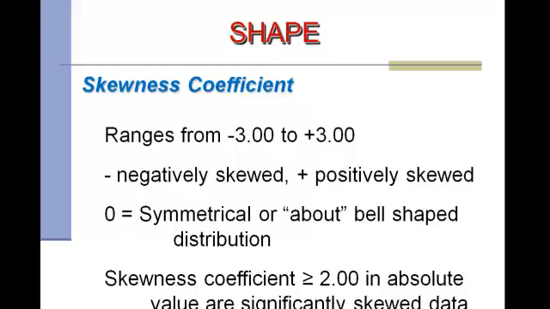And what we're hoping for is 0. Not exactly 0, but very close to 0. If we get a skewness coefficient very close to 0, it means the data are about bell-shaped or normally distributed. If a skewness coefficient is greater than or equal to 2 in absolute value, that means the data are significantly skewed. So hopefully we won't see too many skewness coefficients in excess of 2, positive or negative.